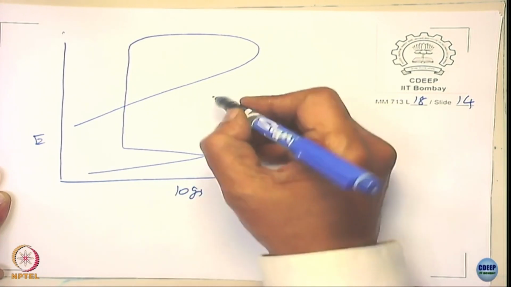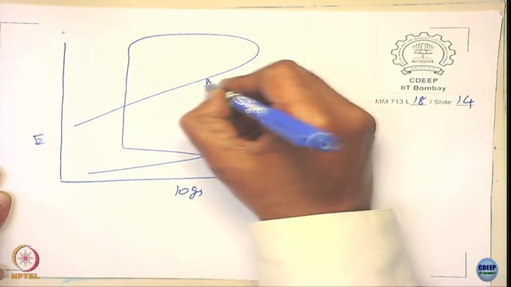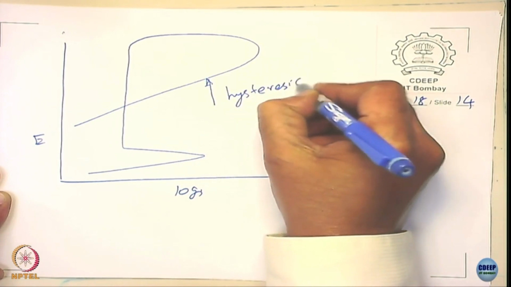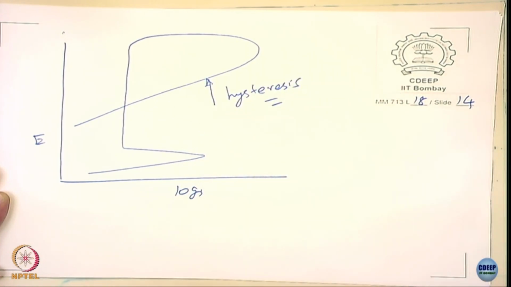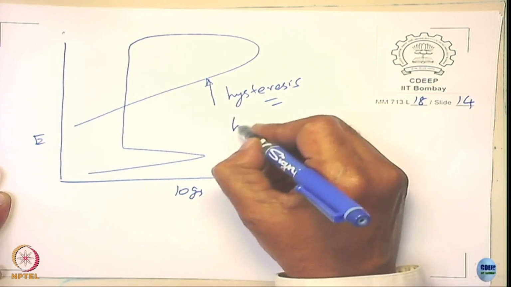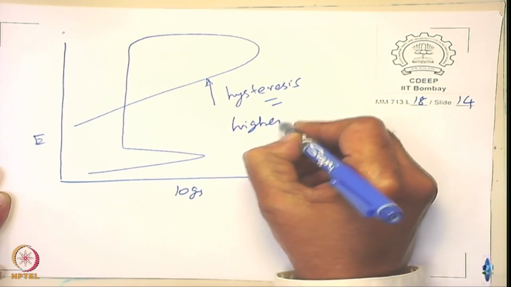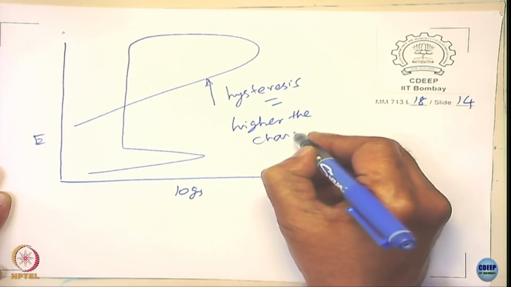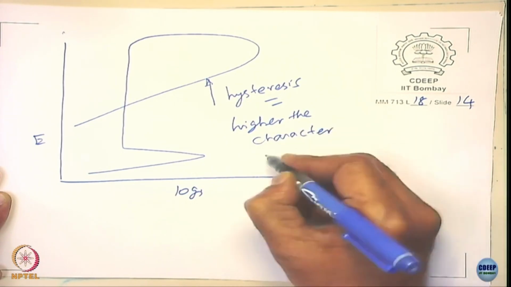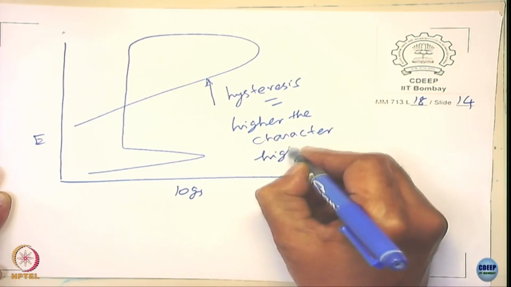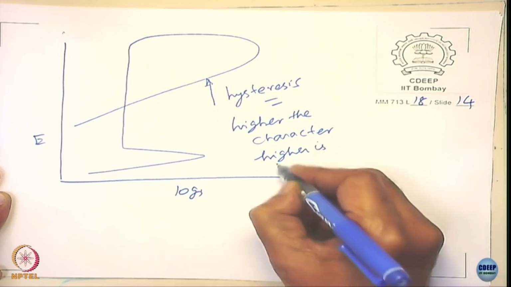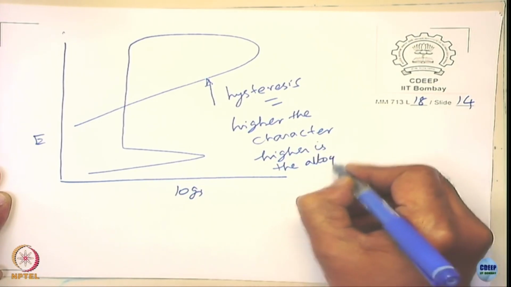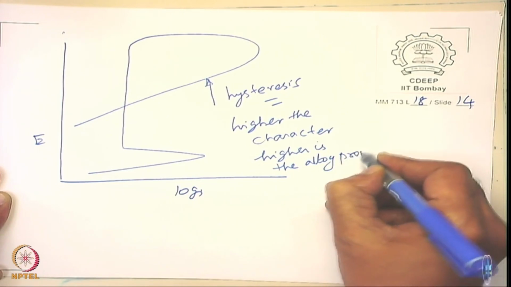This is called hysteresis. The higher the hysteresis character, the more prone the alloy is to crevice corrosion.